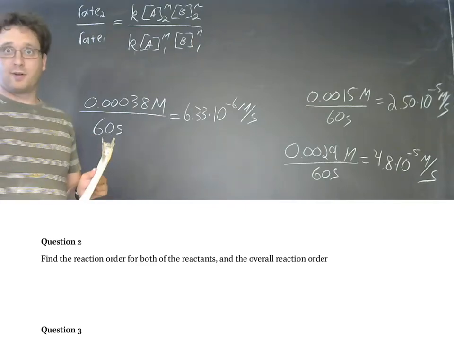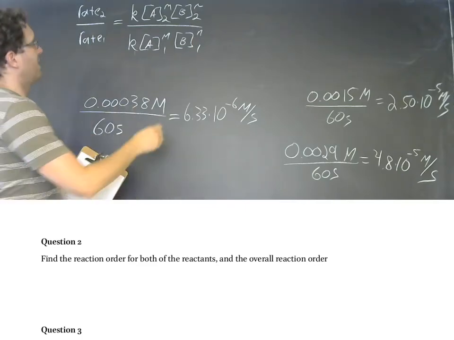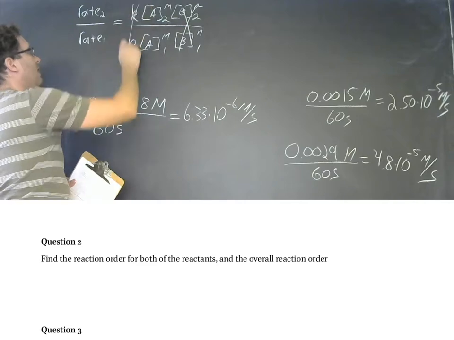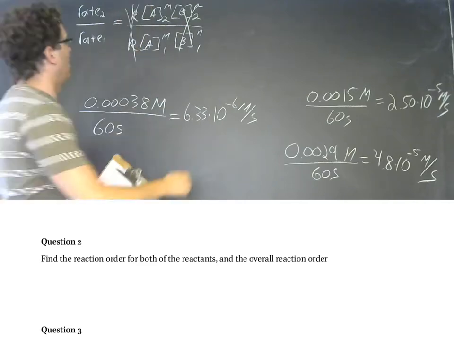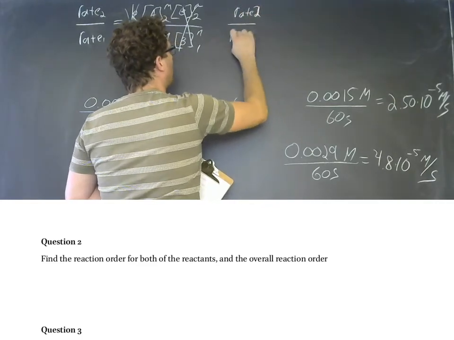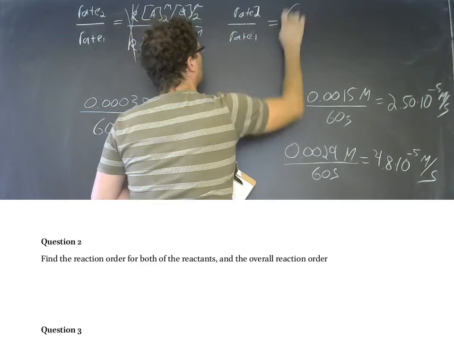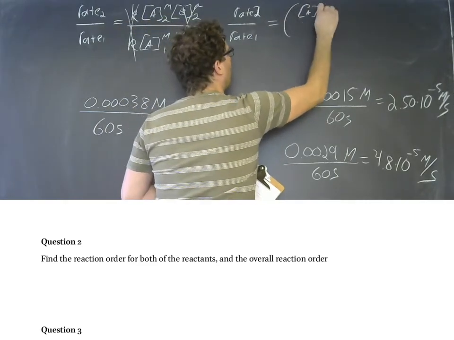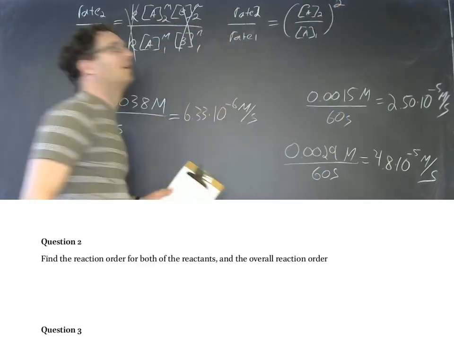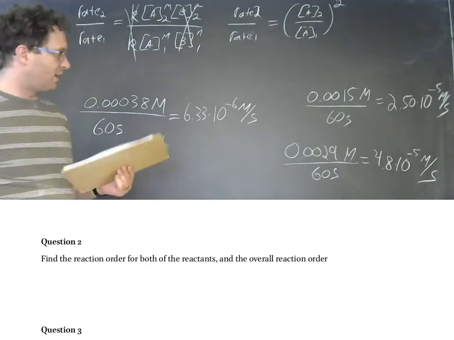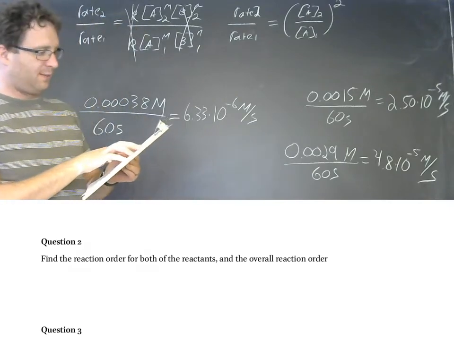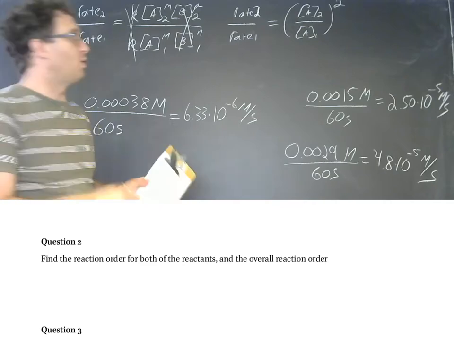Now, if we cleverly choose our conditions such that concentration of B is the same for both trials, then that cancels out. Rate constant is the same for both of them, and that cancels out. So what we end up with is rate 2 over rate 1 is equal to concentration of A2 over the concentration of A1, raised to the power of M. So if we look at trial 1 versus trial 2, we can see that the concentration of B is the same and the concentration of A is doubled.